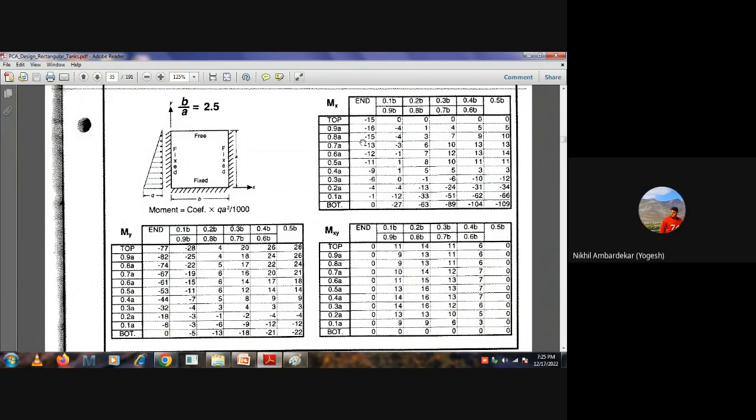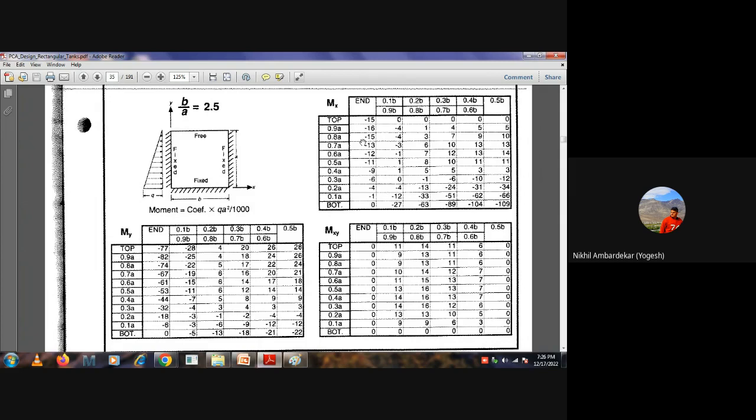Almost close, but not correct. Can you please check again? 149.87. Correct. You can take it as a round of 150 or 155. That's fine. This is not like 2 plus 2 is equal to 4, we just have to take care that it should not go less than 149 point something.